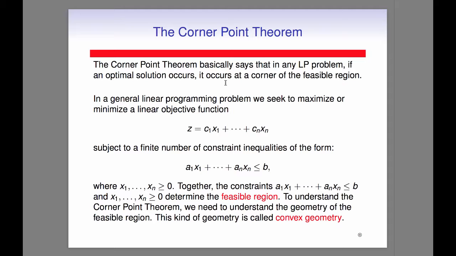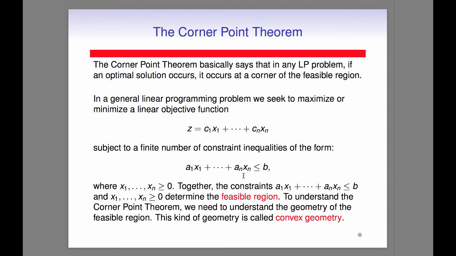In linear programming, we're looking at an objective function, which is linear in a certain number of decision variables, x1 to xn, and the constants c1 to cn are just some real numbers, could be positive or negative. The linear programming problem is subject to a number of linear constraints, so they are linear in the decision variables x1 to xn.